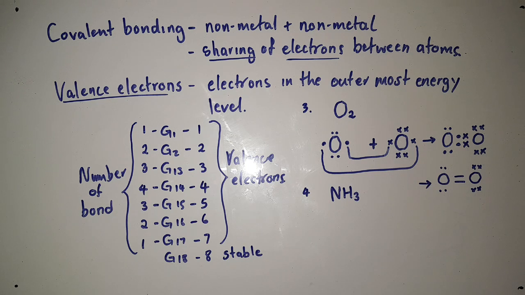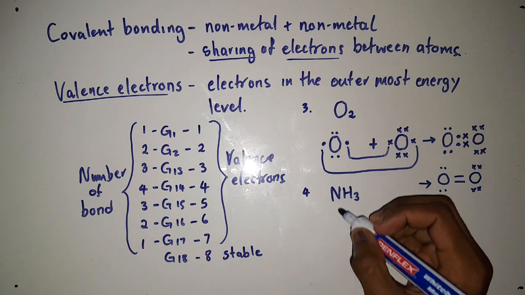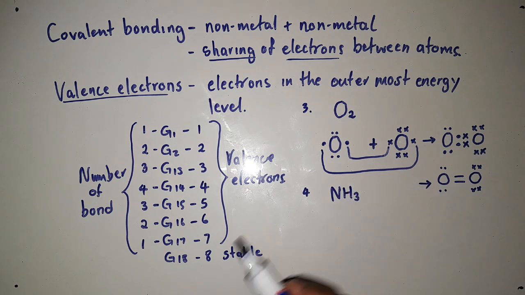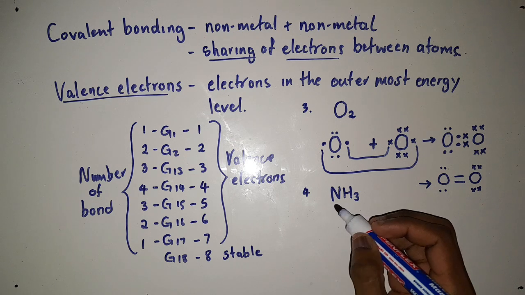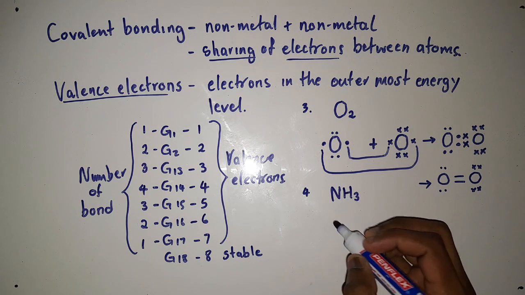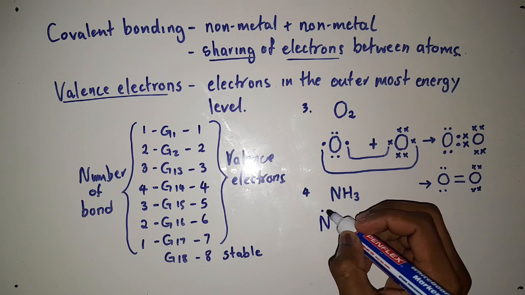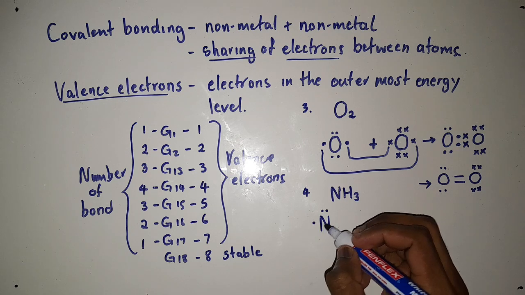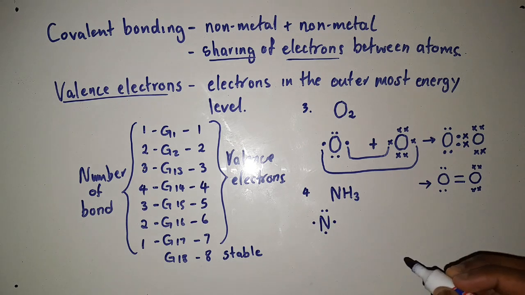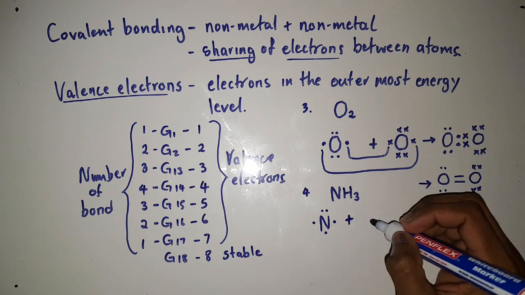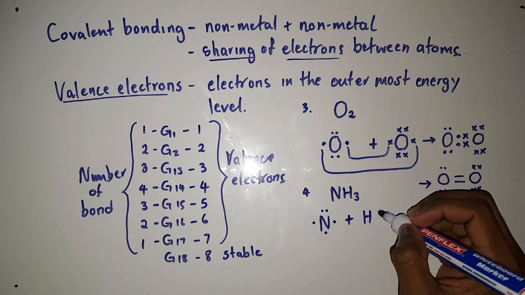On our periodic table, nitrogen is situated in group 15, which means now the valence electrons for N are going to be 5. We are going to get a situation which is like this. We are going to have 5 valence electrons. Then how many H do I have now? 3. I have 3 hydrogen.